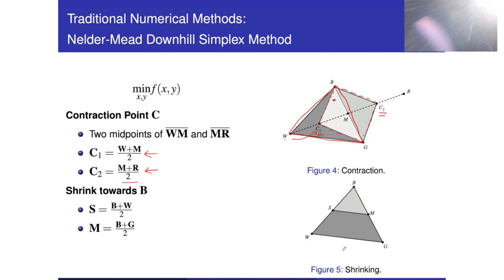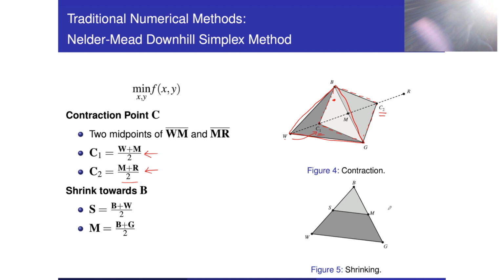The next one is the shrinking, and the idea is the same. No matter what you do using expansion, refraction, or contraction, it does not give you a better solution. So what we can do is shrink toward B. B is the best solution, meaning the cost function is the minimum among these 3 points.